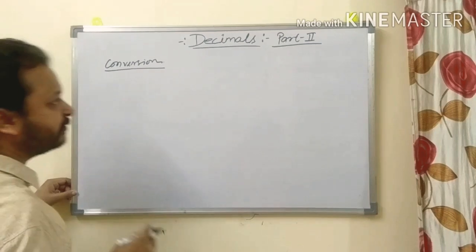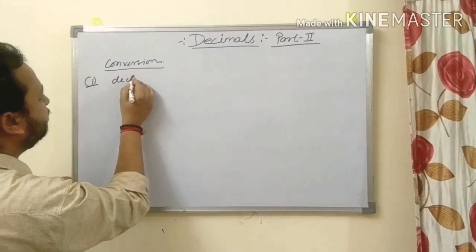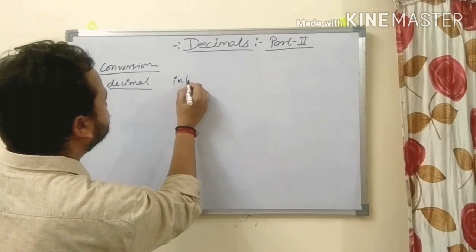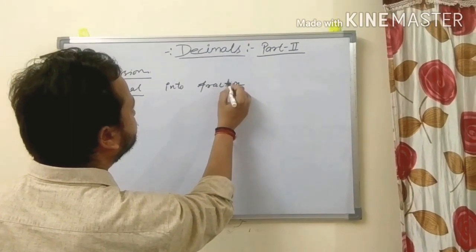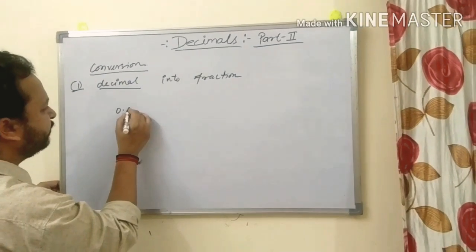There are two types of conversion. First, we'll discuss the conversion of decimal into fraction. Right? Suppose a number is given as 0.5.